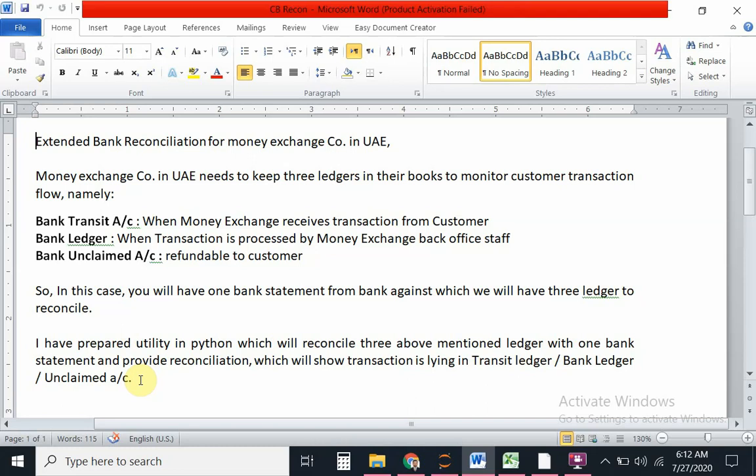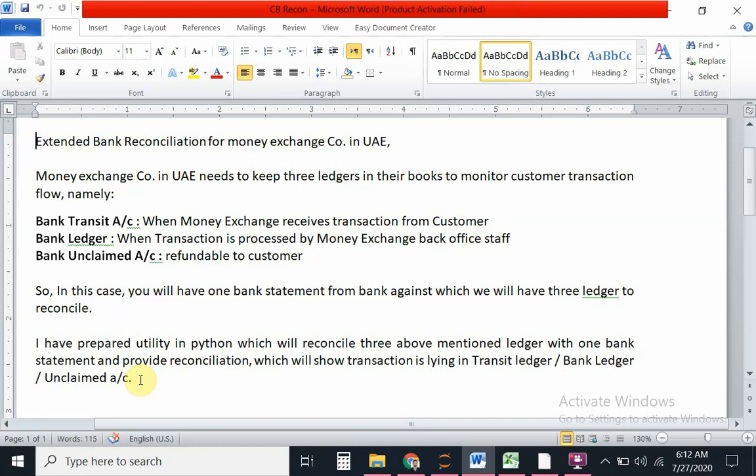If you do it manually, or if you try to do it using Excel also, and you want to be particular on the total transactions of one bank, then you will have to reconcile three times.